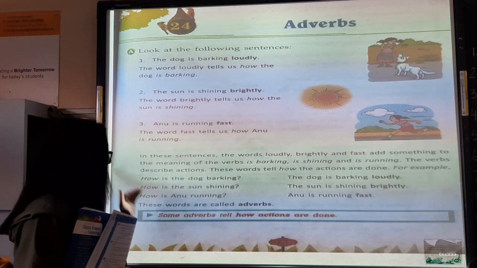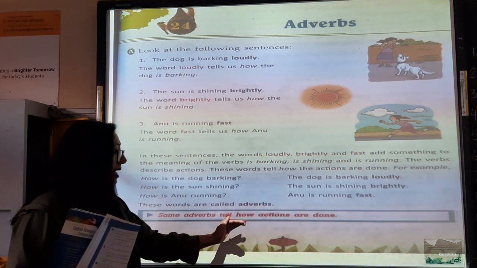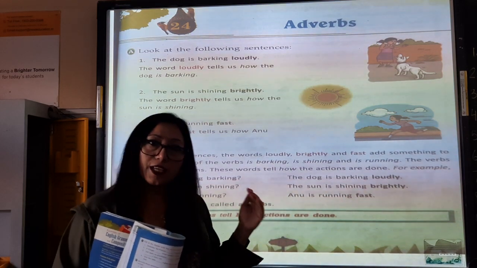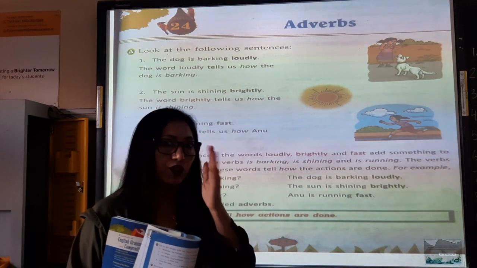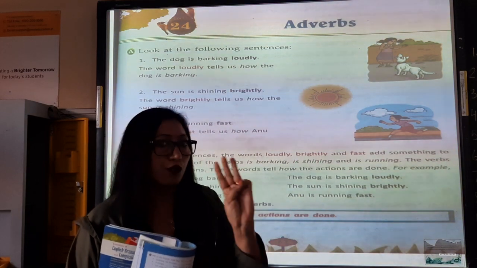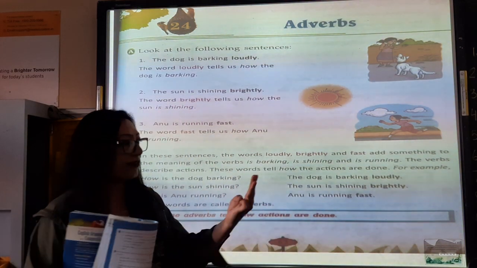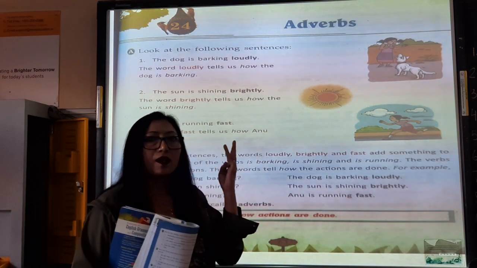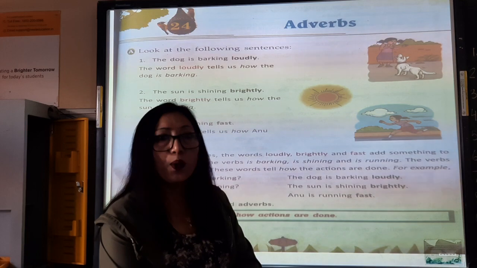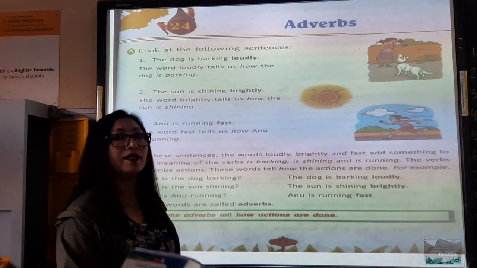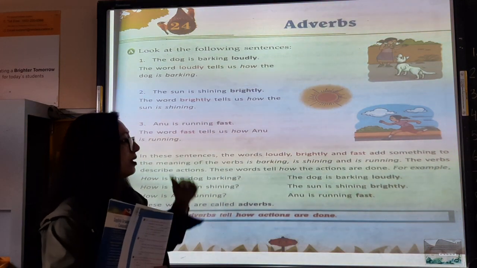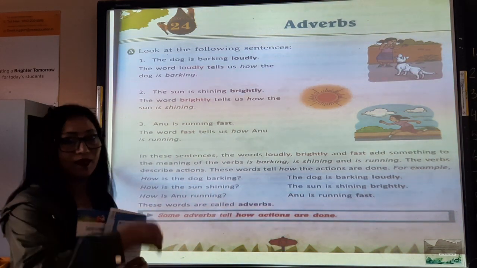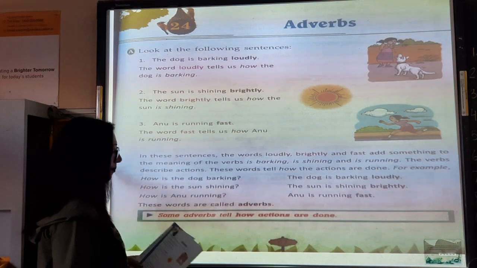So, some adverbs tell us how actions are done. In this chapter, we are going to learn only the 3 degrees. The first one is how. Second one is when. And the third one is where. The correct terms for these you will learn in the next class, in class 4.